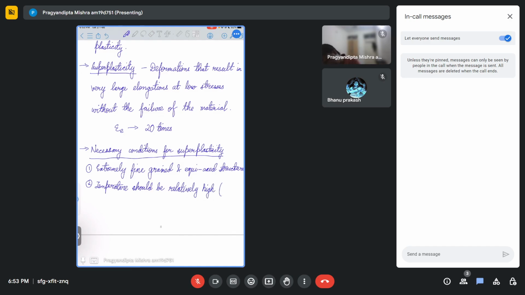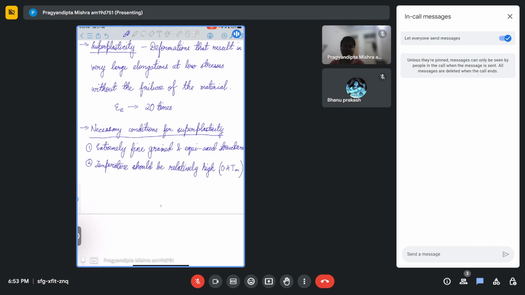Let's say it should be greater than 0.4 times Tm. We already discussed this condition in detail, so we'll not elaborate on that. So this is one more condition.